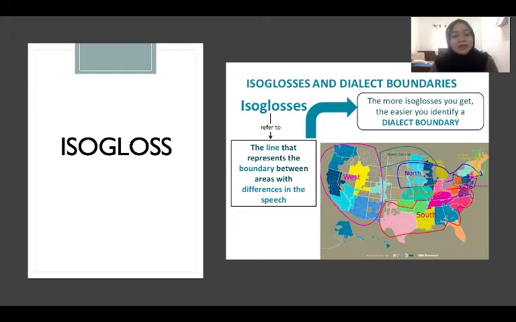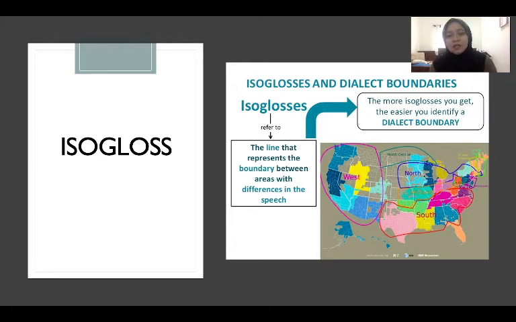The next step that I want to introduce you to is isogloss. Isogloss is the line that represents the boundary between areas with differences in speech. Let's go through the term first.